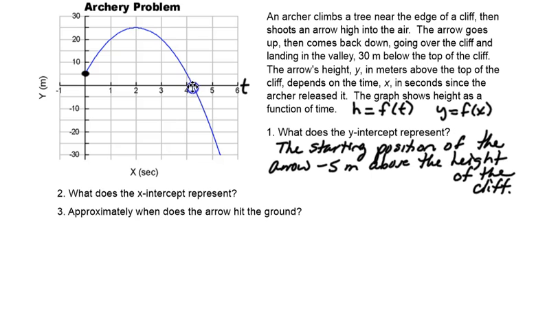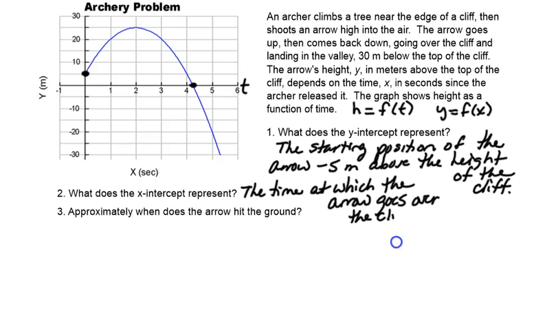Okay, so at this particular time, looks like about maybe 4.2 seconds or so, that represents when the arrow goes over the cliff. So this is the time at which the arrow goes over the cliff. Didn't really leave a lot of room to write that, did I?